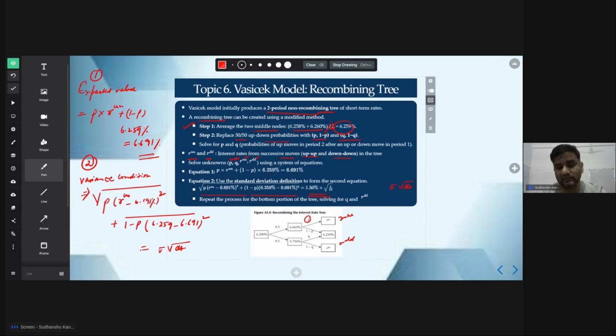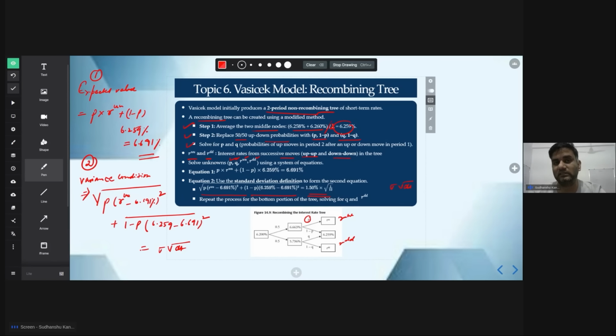By averaging the middle nodes and adjusting probabilities, we bend the rates to recombine, which were not recombining. Trees become computationally efficient, which we want. The size grows linearly, not exponentially. This keeps the Vasicek model usable for long-dated derivative pricing. You should understand how recombining is forced, by basically three steps. One is to take the middle value.